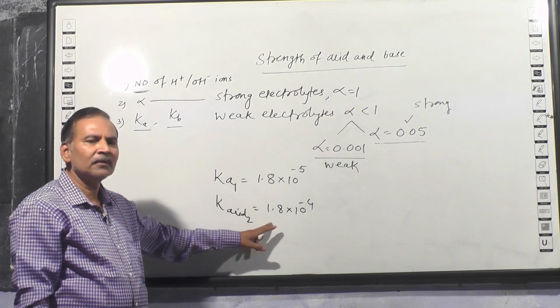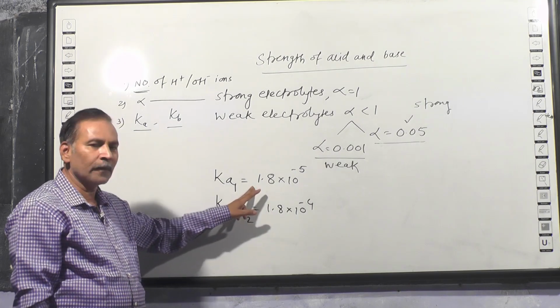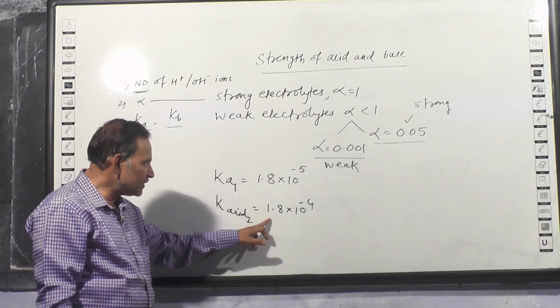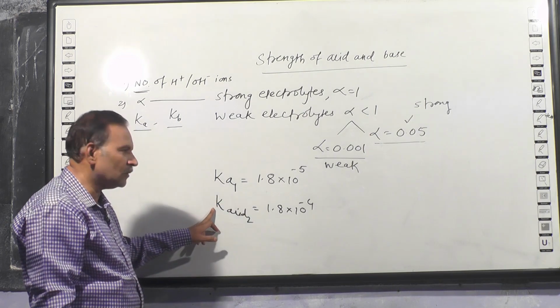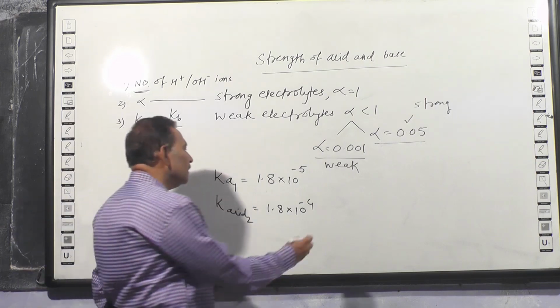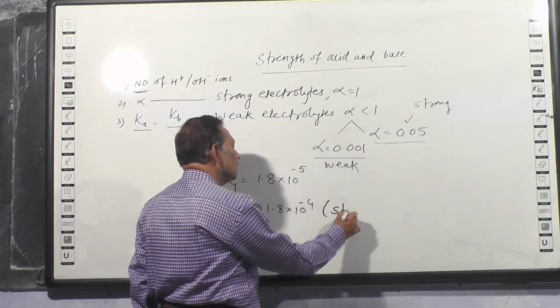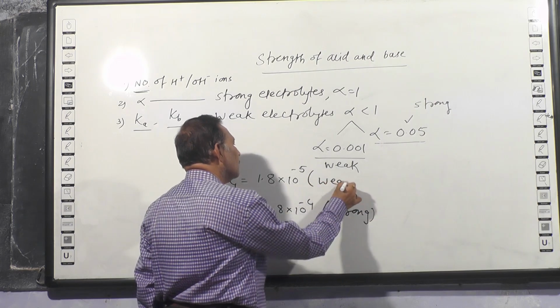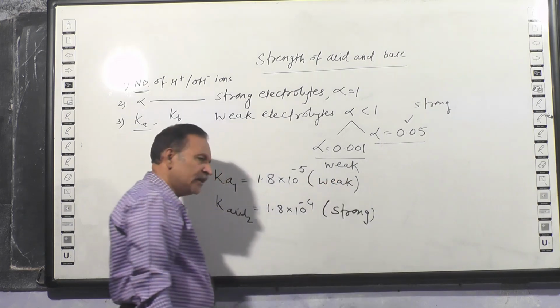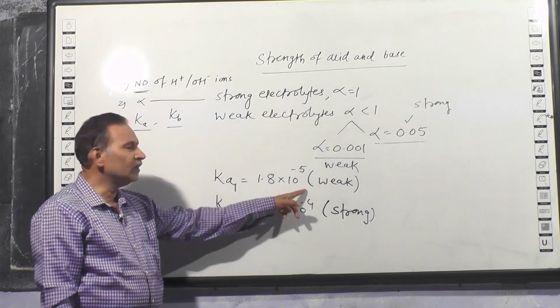This value is large compared to this value. So this acid number 2 having higher value of its dissociation constant, it will be a strong acid, and the another acid having less value compared to this, it will be weak acid.